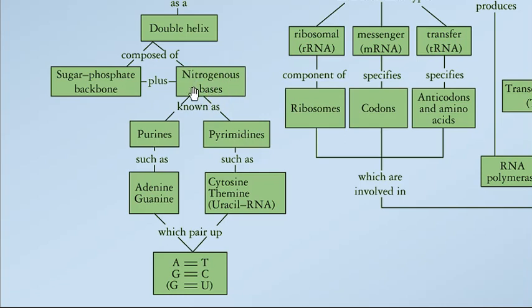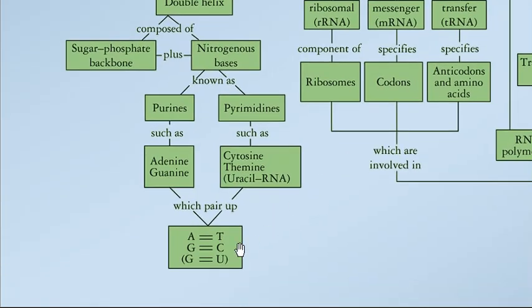These nitrogen bases are known as purines, adenine and guanine, and pyrimidines, cytosine and thymine. In RNA we have uracil, which pair up A to T, G to C, and G to U. But here is wrong because the G to C has three hydrogen bonds.